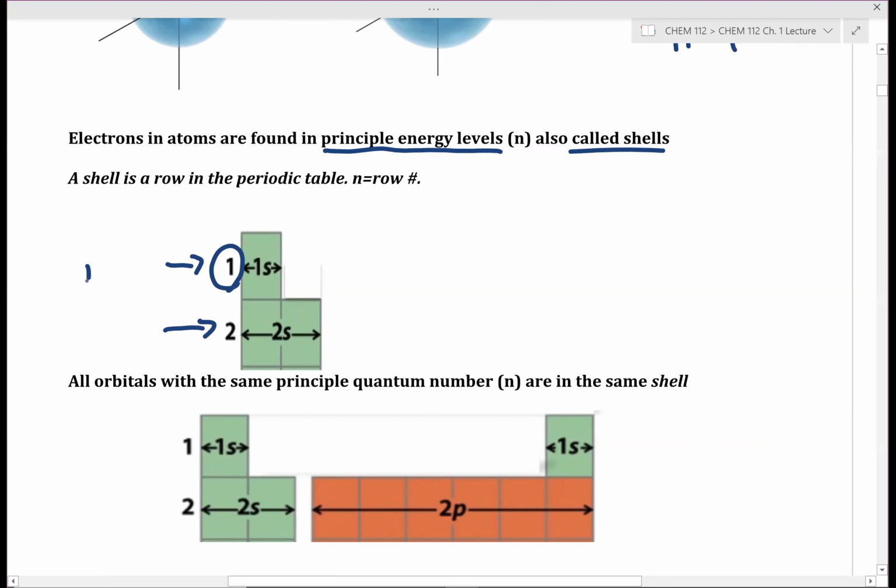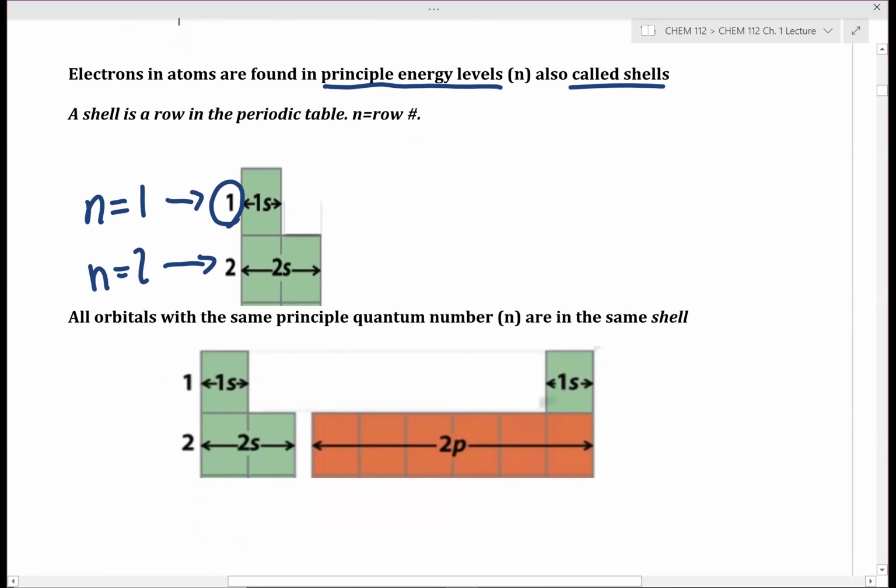This is n equals 1. If we're looking at the second row in the periodic table, what is our n value? 2. Exactly. So we can map and look at n, and we see that as we move down the periodic table, our n increases, so our overall element size also increases.